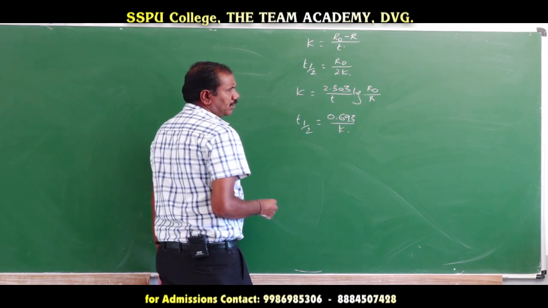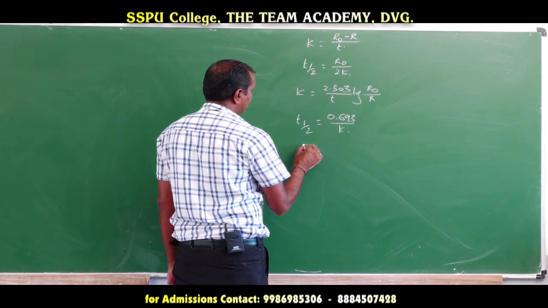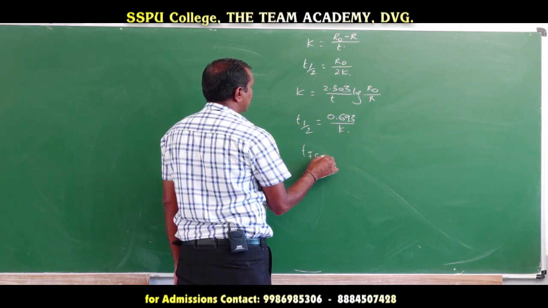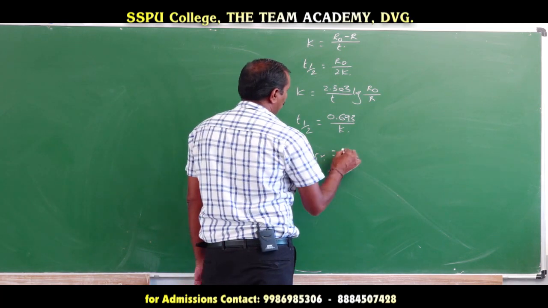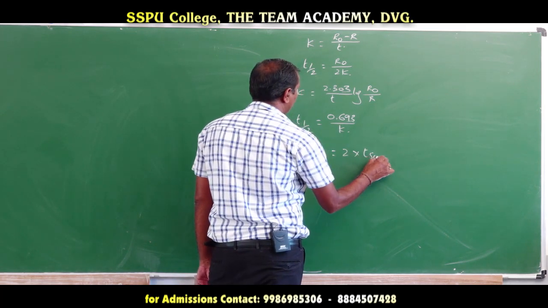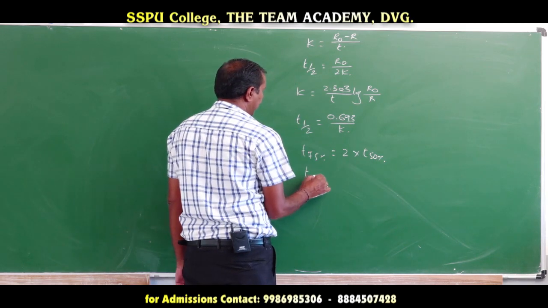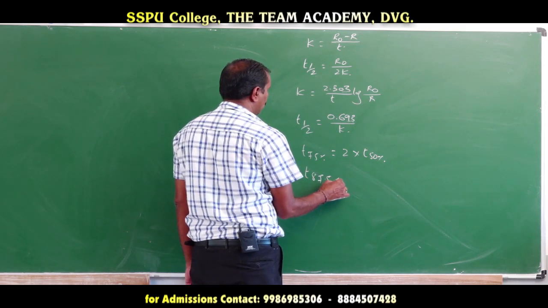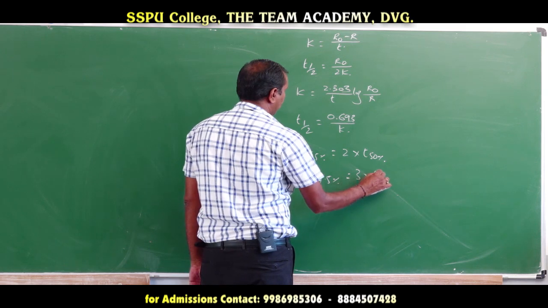And then the problems on the basis of T 75% conversion, that is equal to 2 into T 50% conversion. T 87.5% conversion is equal to 3 into T 50%.